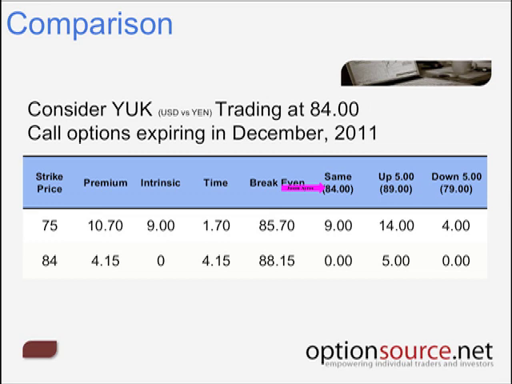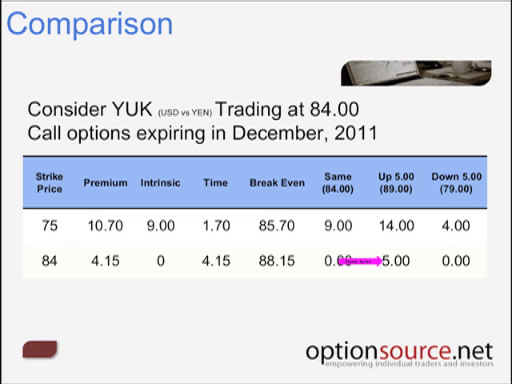Now, if we compare the 84 strike, once again, if the underlying security is at 84 on the third Friday of December, well, ultimately that option contract is going to expire worthless, and we'll have lost our entire premium. If the pair goes up to 89, well, it's only going to be worth $5.